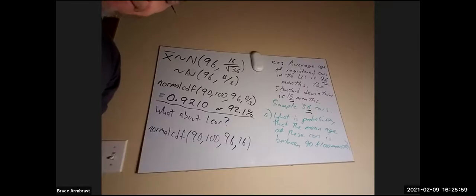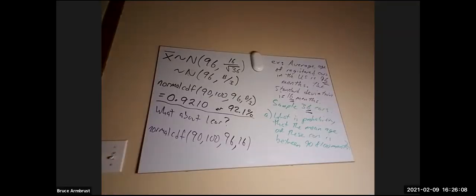I'm sorry, can you say that again? 16 divided by the square root of 1 is 16. So if you want to use that formula with the square root of n, in this case we've got just one sample, so it would be 16. That's a great way to think about it if you want to use that formula.